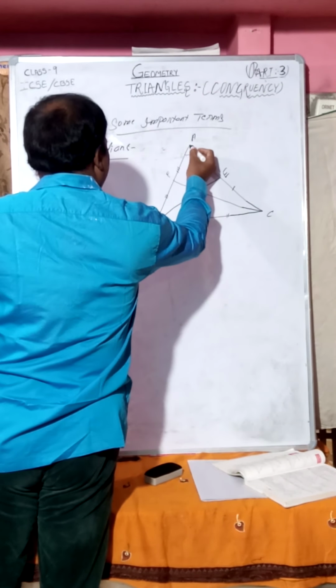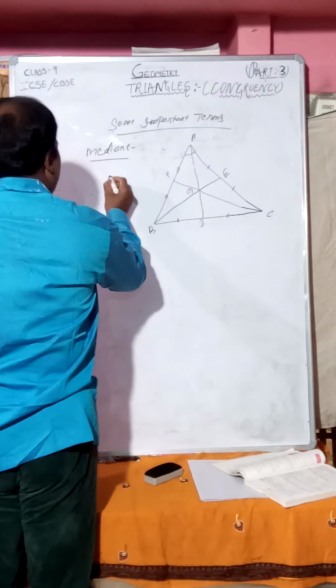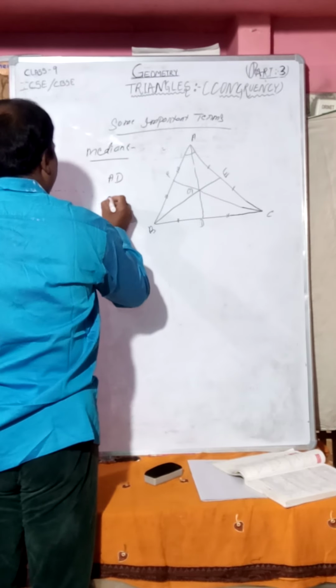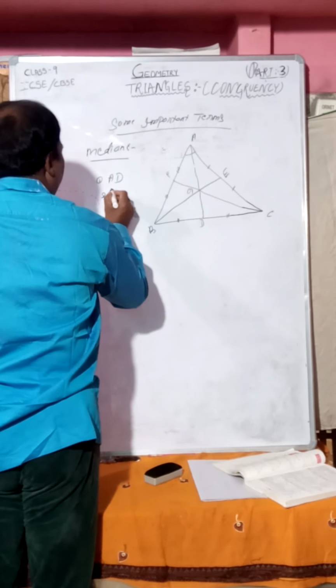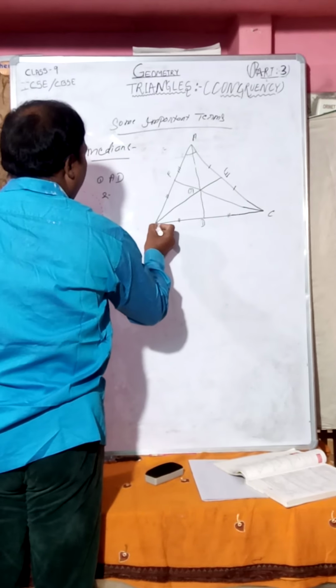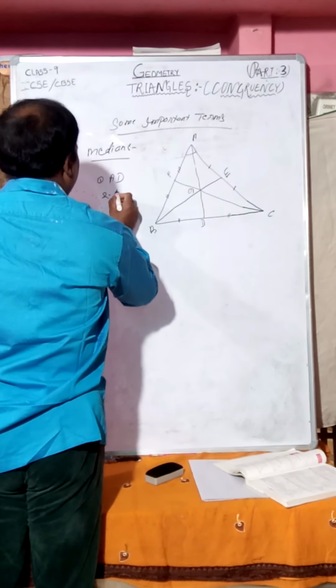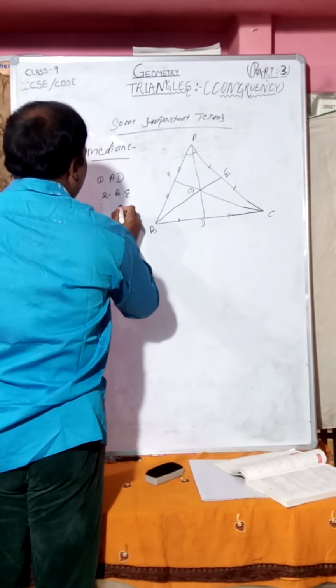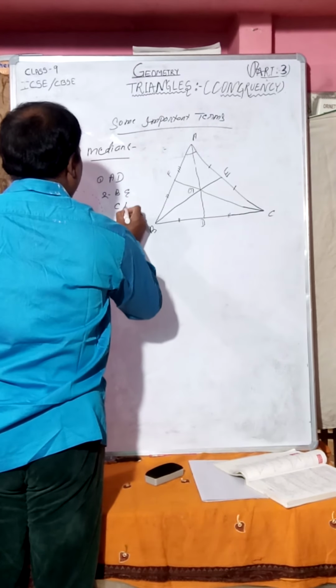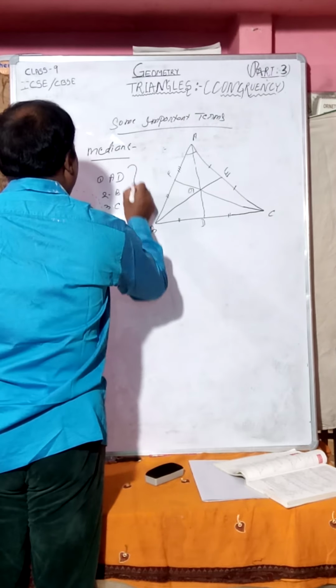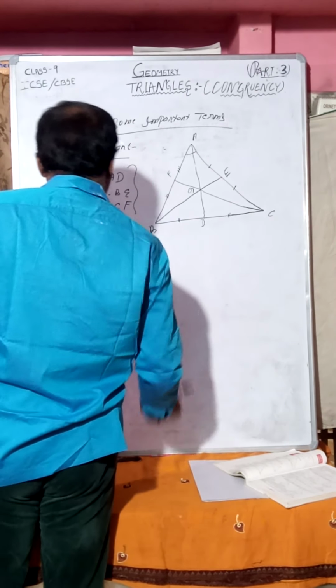The line joining A to D is the first median, AD; the second median is the line joining vertex B to the midpoint E of AC, that is BE; and the third median is CF. So there are 3 medians of a triangle.